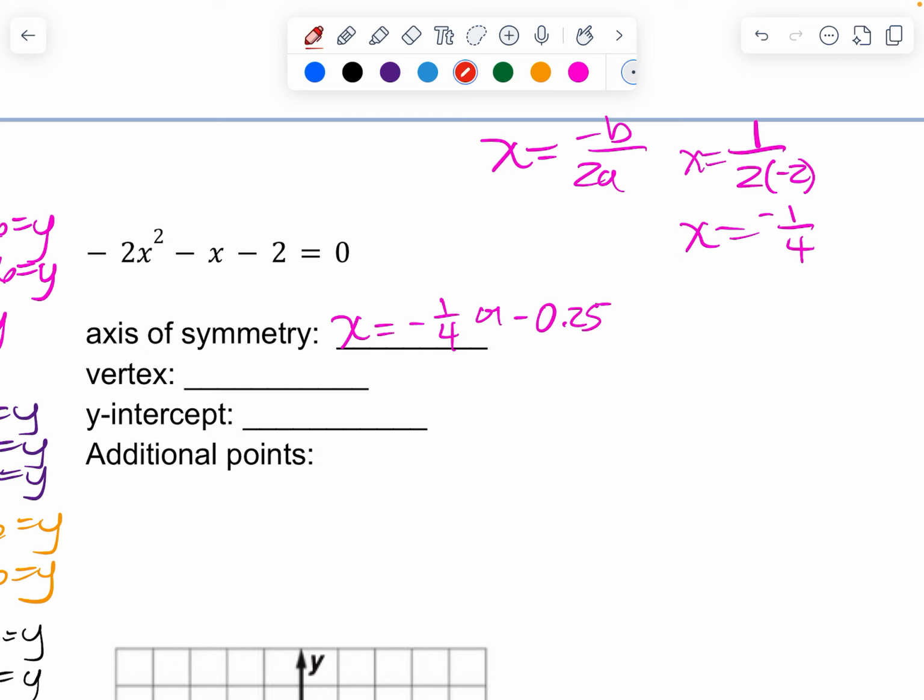Okay. So negative 1/4, comma. So plug this in. So negative 2 times negative 1/4 squared minus negative 1/4 minus 2 equals y.